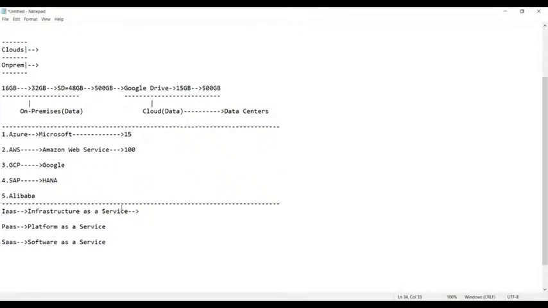Whenever you want to change the operating system, it is provided in the form of a service called what? Infrastructure as a service. Sorry, platform as a service. It is provided in the form of platform as a service. Suppose you require to change an operating system. Right now I'm using the Windows operating system and I am working in the banking industry.